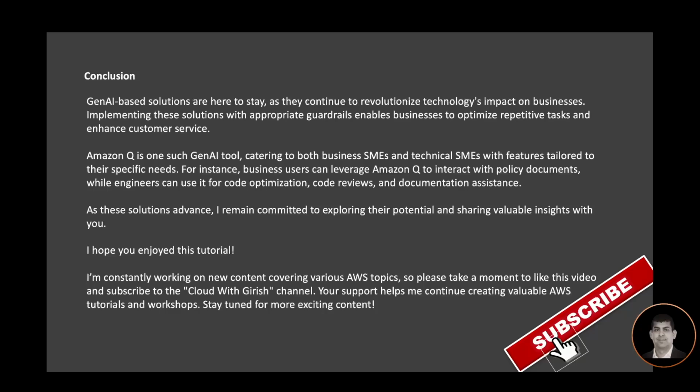So there are so many use cases. Another example would be that a business user can leverage Amazon Q to interact with policy documents, while an engineer can use it for code optimization, review, and documentation assistance. As these solutions advance, I remain committed to exploring their potential and sharing valuable insights with you.